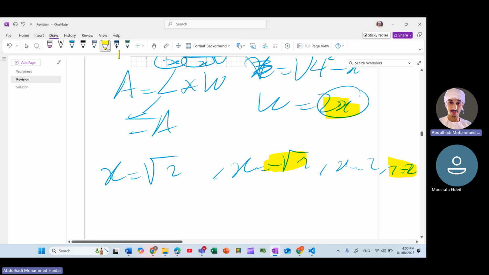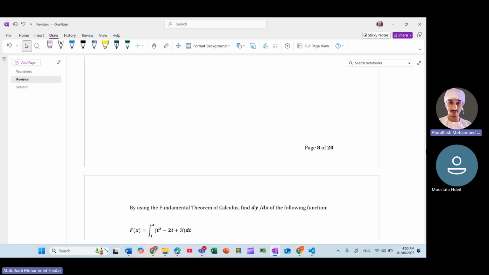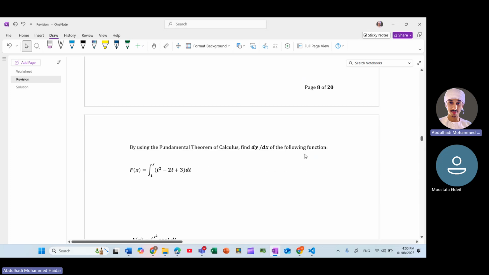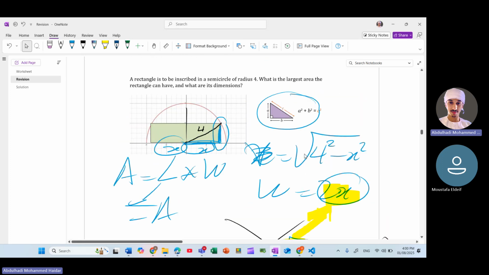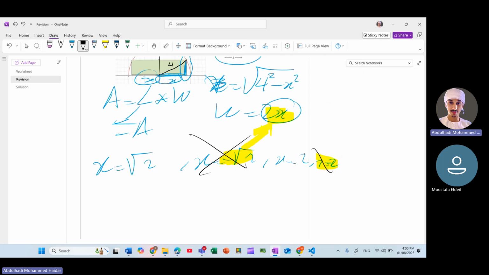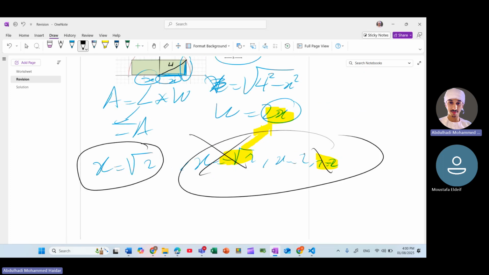If you substitute this here, it will also make the width negative. So we can reject them, and then we see which one, square root 2 or 2. Just substitute it in the rest, and you will see which makes sense, because the other makes either the length 0 or the width negative. So it must make sense.